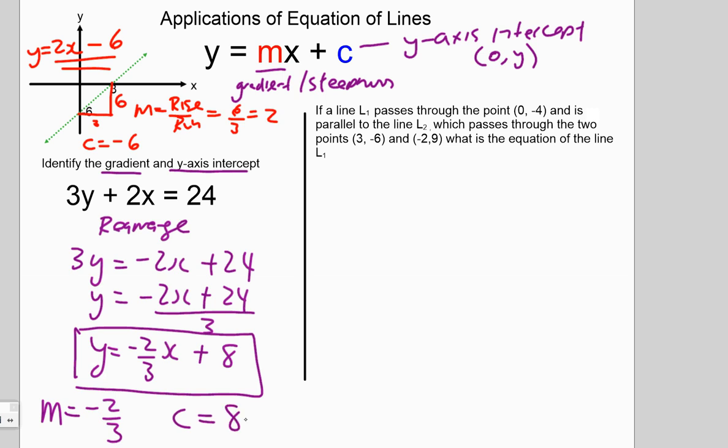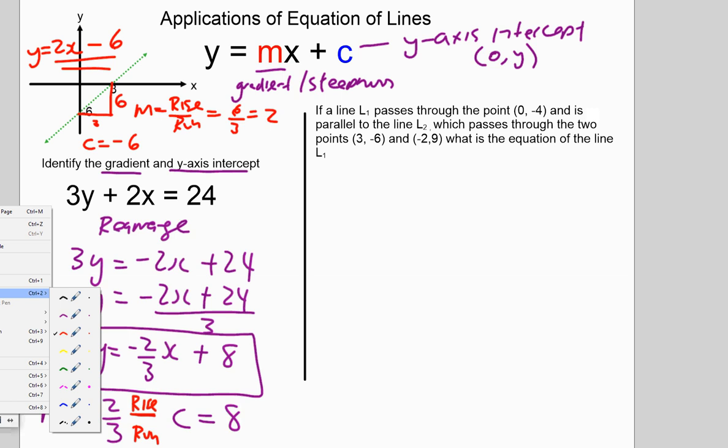This gradient of minus 2 over 3 means that every time I go across 3 units in the x direction, our run, we go down 2 units in the y direction. It's really important that you understand that.